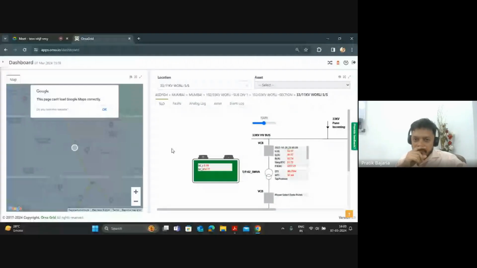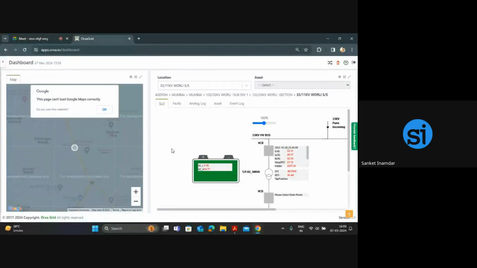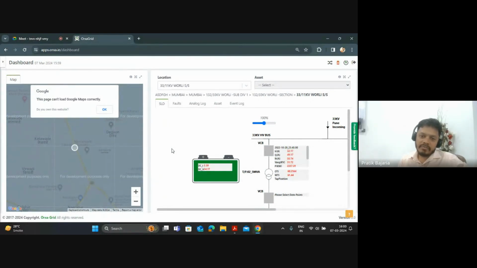Okay, Sanket, can you just confirm if it is visible? Yes. Okay, great. So this is the Gap software which we have.